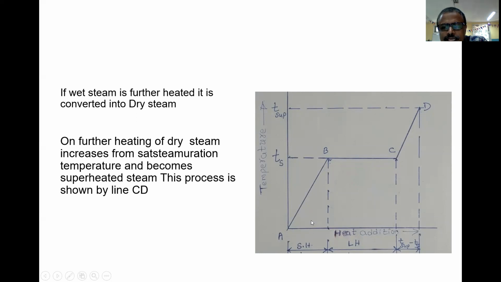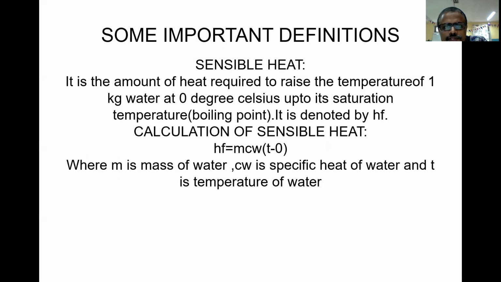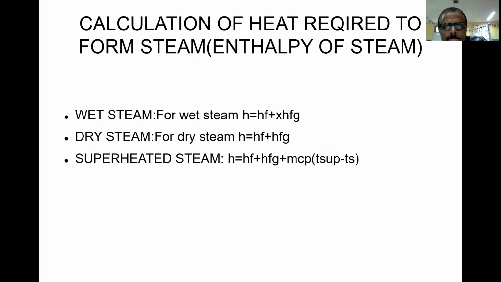So it is basically hf, that is this sensible heat, plus this hfg. But since it is wet steam, the question of dryness fraction comes. So the equation is this equation: for wet steam, sensible heat plus latent heat of vaporization.